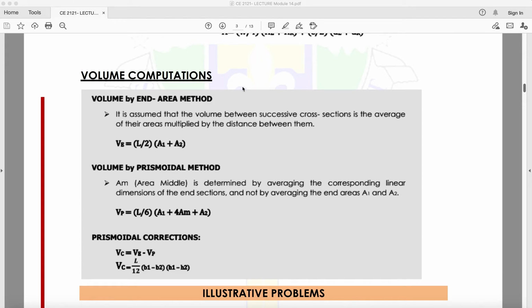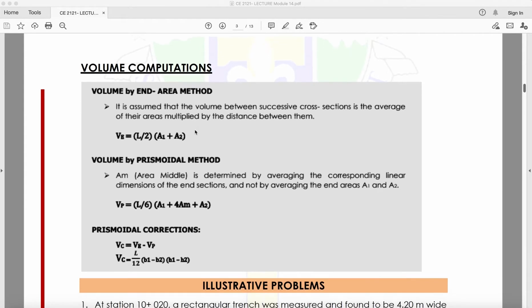For example, for this length to be excavated, we get the cross-sectional area here and the cross-sectional area there. That would be area 1 and area 2. So area 1 plus area 2 divided by 2 times the length. That is the end area method.